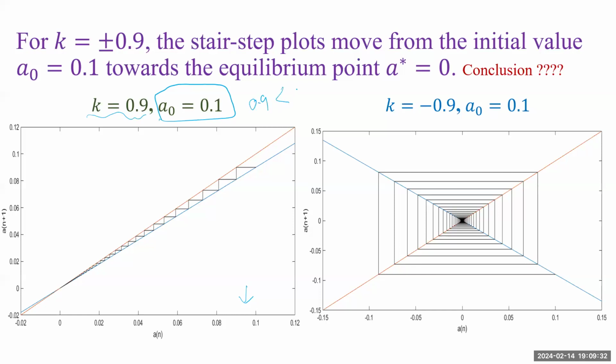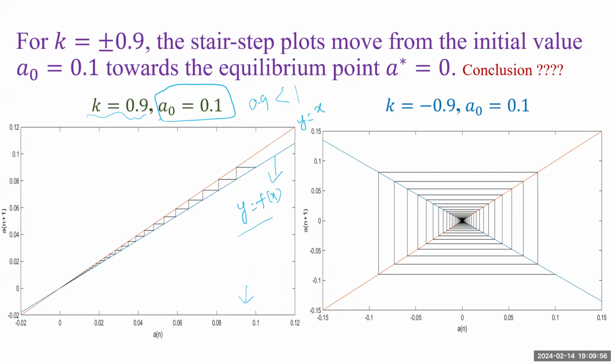According to the theory, we know that this is asymptotically stable. So what is it with respect to the state step plots? See here, the red line is y is equal to x. The blue line is y is equal to f of x, that is your difference equation line.